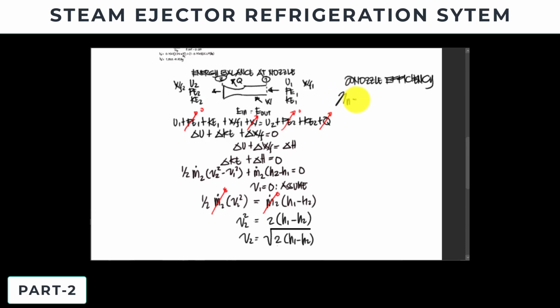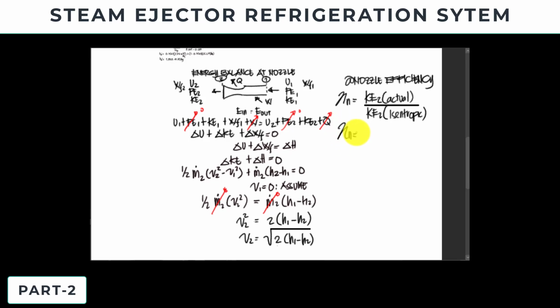we have your nozzle efficiency, so that will be equal to the kinetic energy 2. So this is for my actual, and this is divided by my kinetic energy 2, so this is for the isentropic expansion. So we can expand this one.